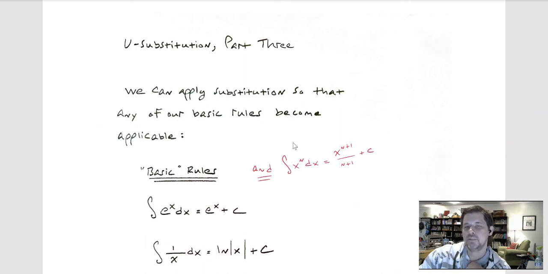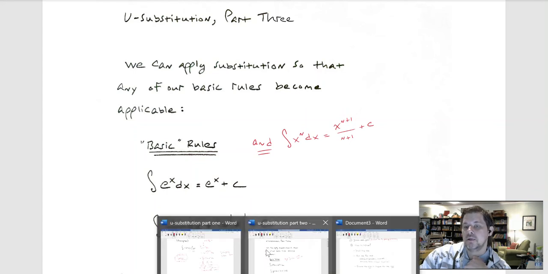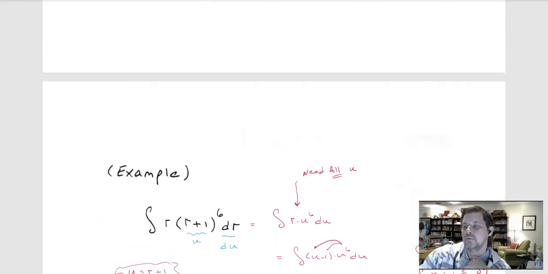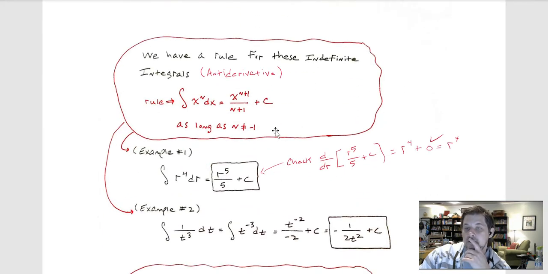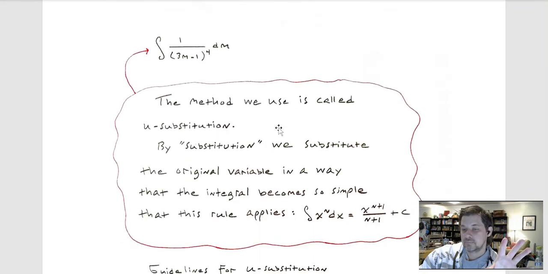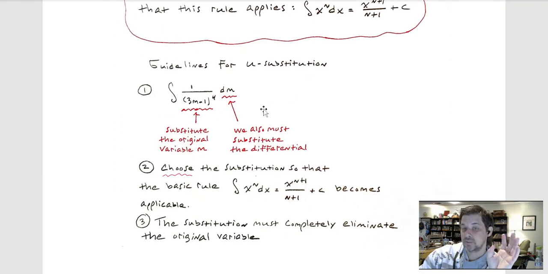All right, everybody. So time for u-substitution part 3. To take stock of where we have been and where we're going, I told you in the first video that the goal for u-substitution is to take a problem that has a complexity beyond where our basic rule applies.